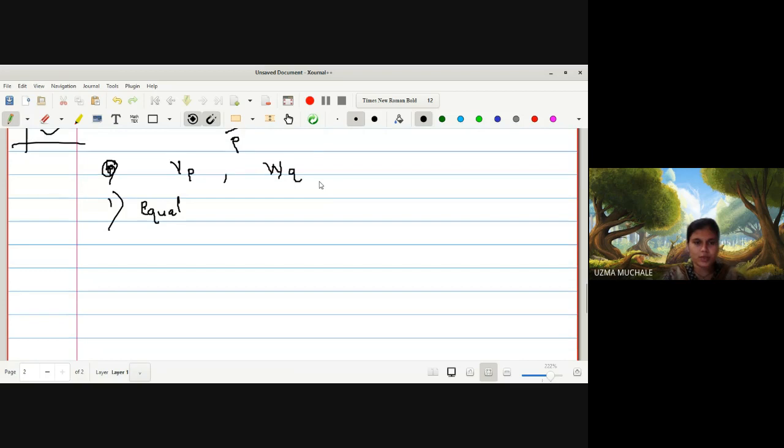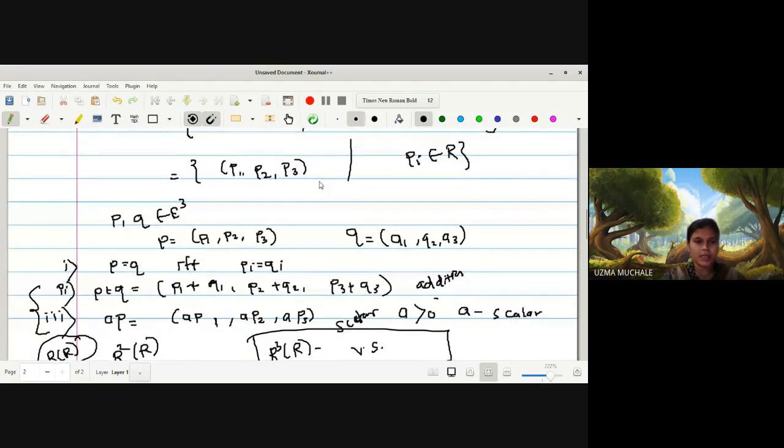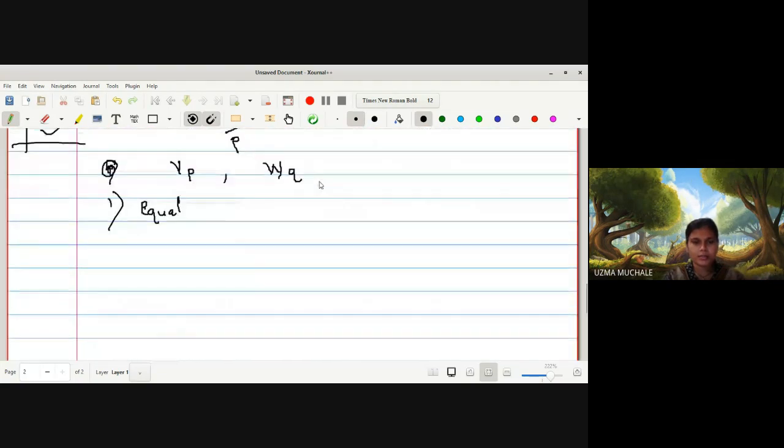Just like I have shown you for our vector part, the two vectors V and W are equal only if their coordinates are equal. In a very similar way, how are you going to say that the two tangent vectors VP and WQ are equal?